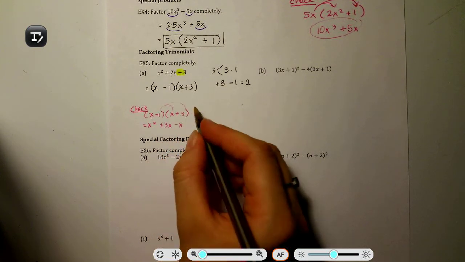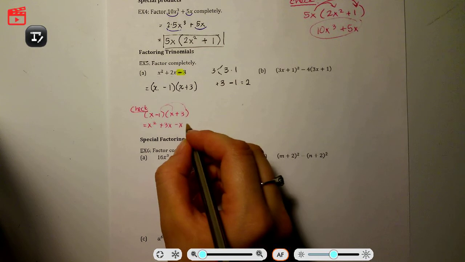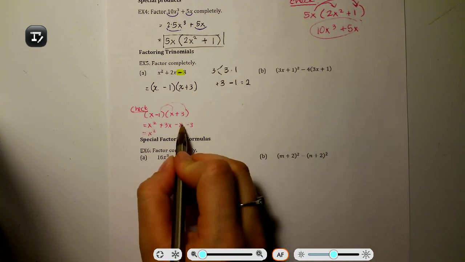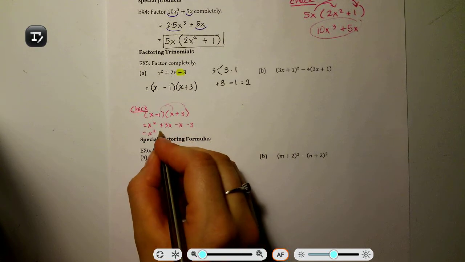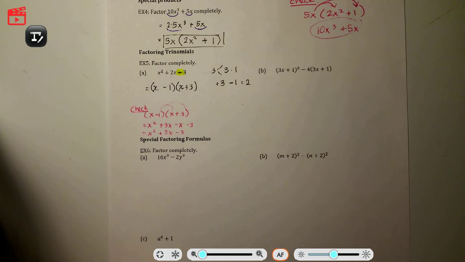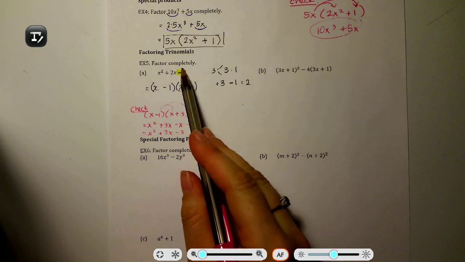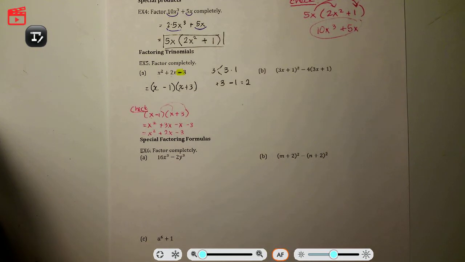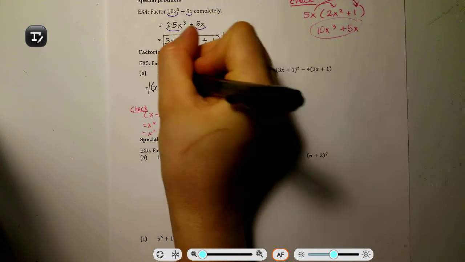And last, -1 times 3, -3. Adding that together, we have x squared. These are like terms, so that's going to be plus 2x. And then we're minus 3. So is that what I had in the beginning? Yes, it is. Okay, so my answer is correct. I will go ahead and box it.